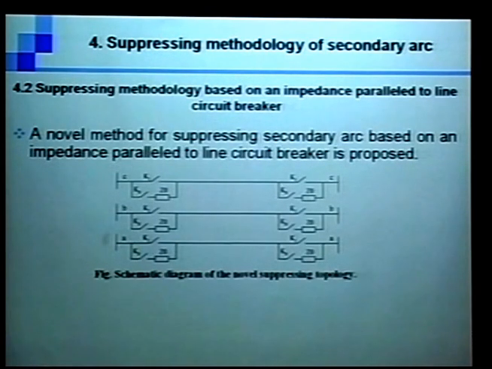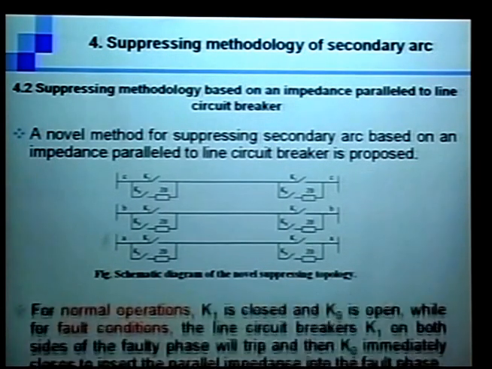So we present a method called impedance parallel to the line circuit breaker. It's mainly composed of a resistor with an inductor in series. It means that we inject inductive current to compensate the capacitive current, so you get a compensation that reduces the second arc current.